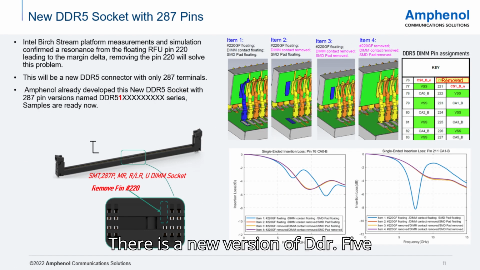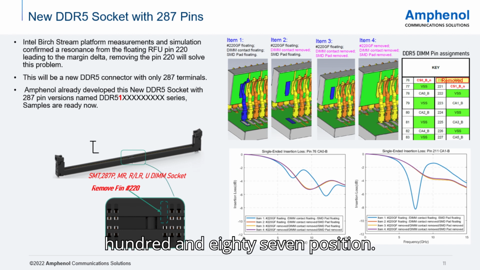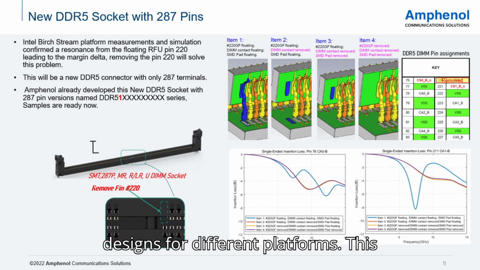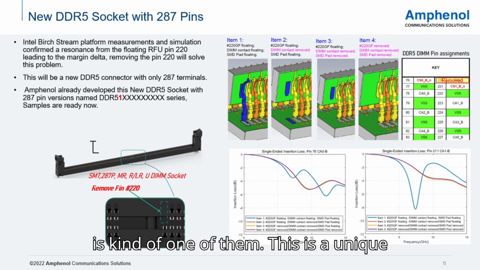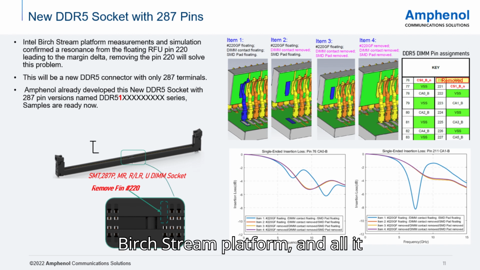There is a new version of DDR5 that's coming out, and it's just a 287 position. These standards, for different reasons, want to have unique designs for different platforms. This is kind of one of them. This is a unique design for one of the Intel chips, the Birch Stream platform.